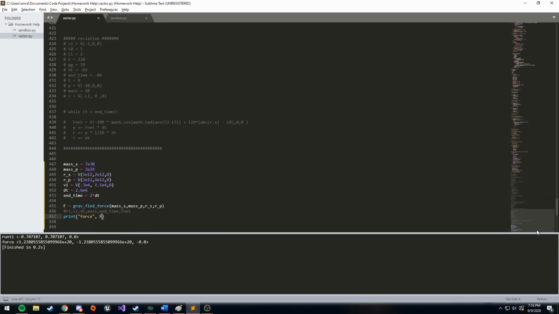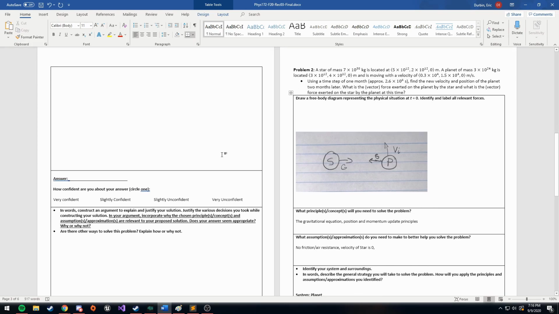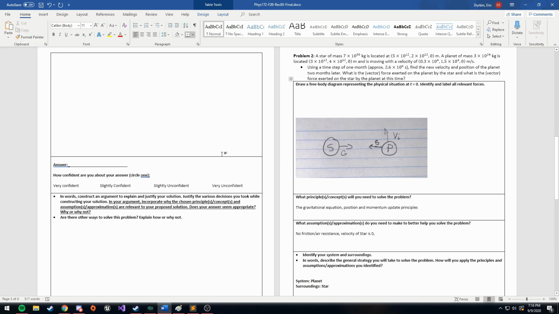I mean, I very well could have messed up, but I got negative 3.5126 times 10 to the 23rd x component, positive 3.5126 times 10 to the 32nd for the y component, and then 0 for the z. What did everyone else get?